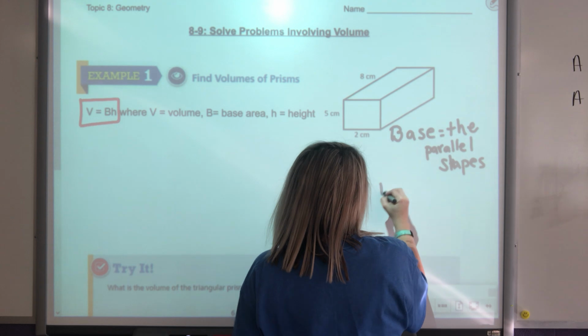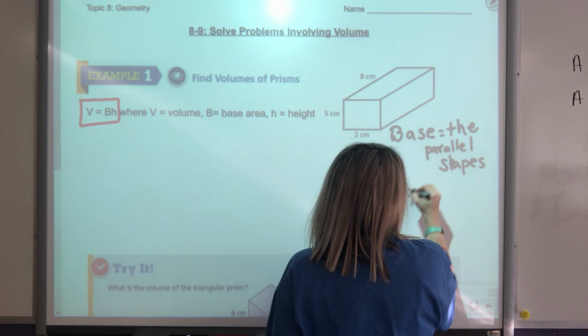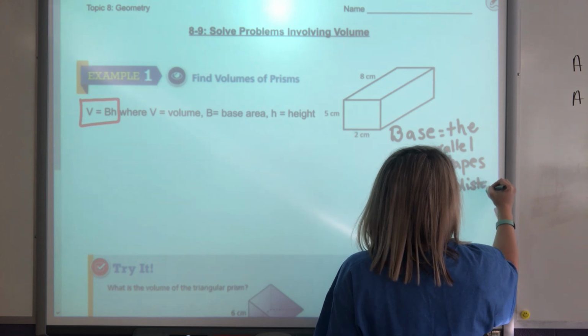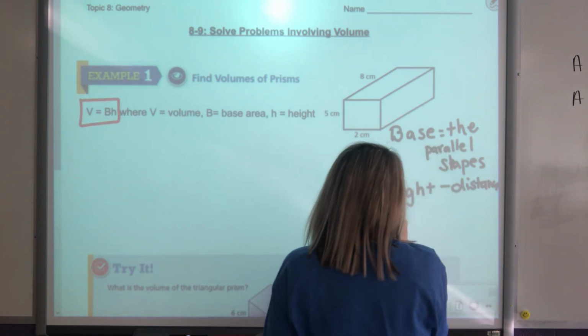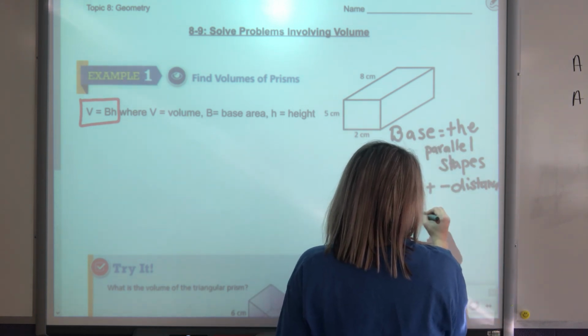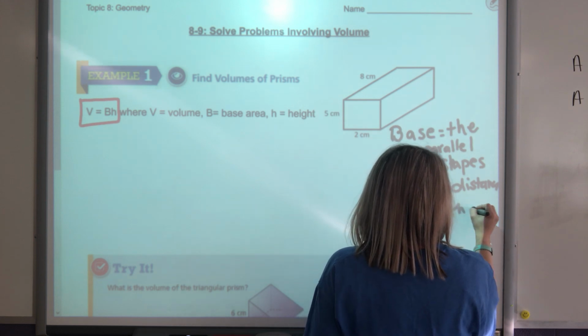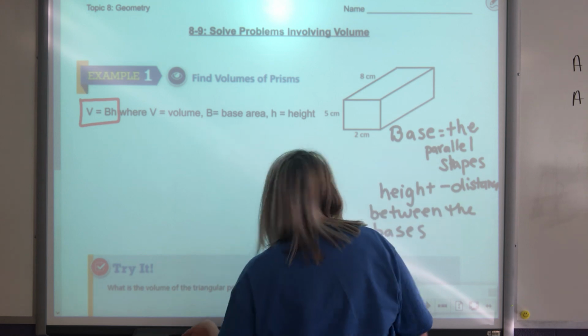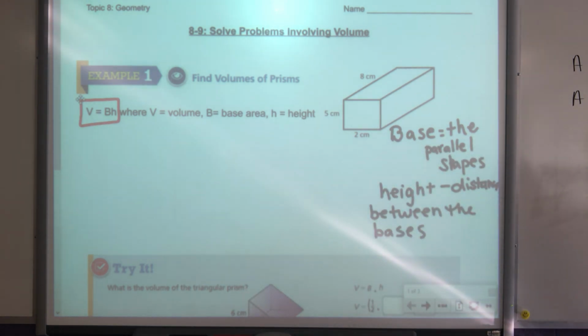The height of a three-dimensional figure is the distance between the bases. So again, the height is the distance between the bases.